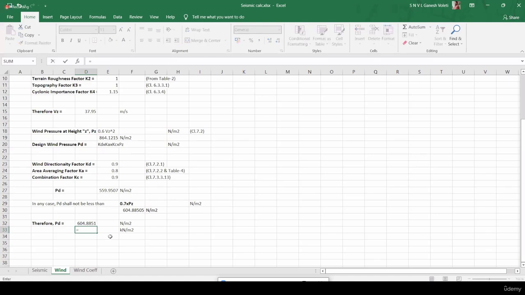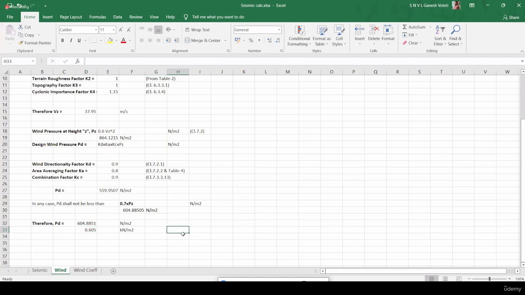So here it is newtons. If we want to take it as kilonewton, we have to divide this by 1000, right? So this is 0.604605 kilonewton per meter square.